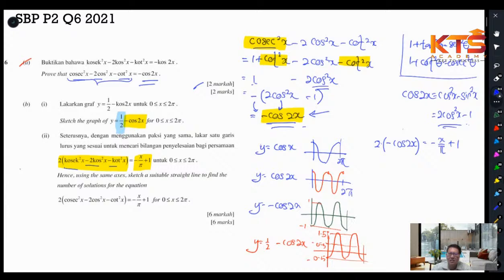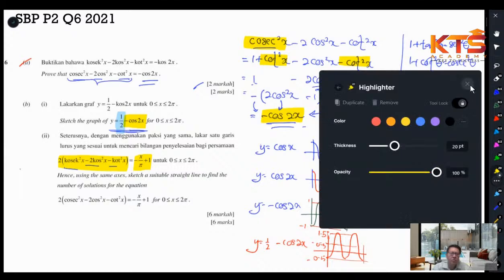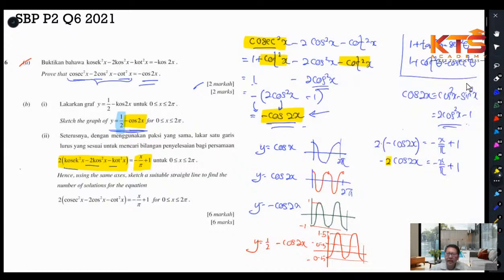Then what does it have to do with this information? Negative 2 cos 2x equals negative x over pi plus 1. I want to solve this equation, but I need to link it with this one. Okay, half minus. Here I have negative 2, but here I don't have. Here I only got negative half. So what to do?